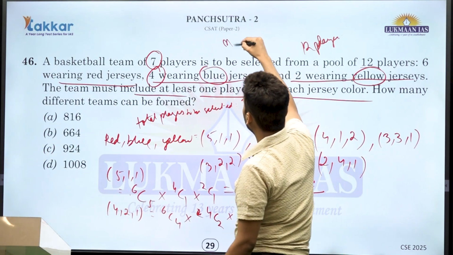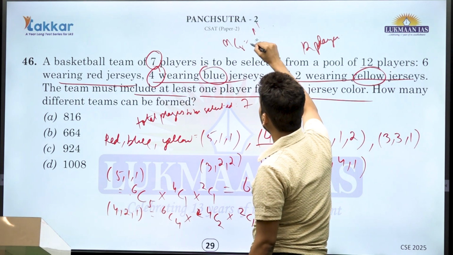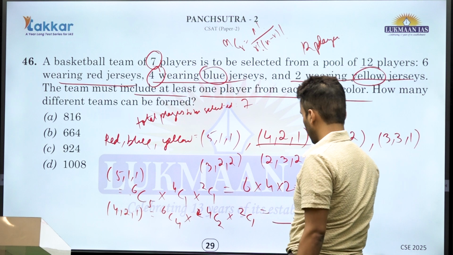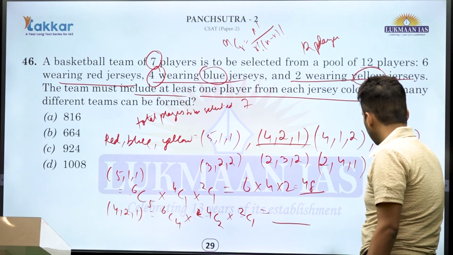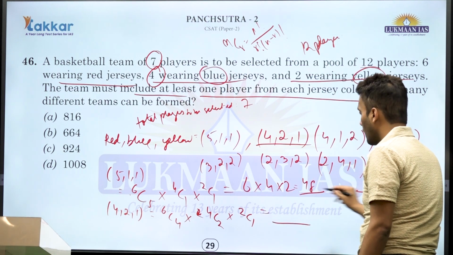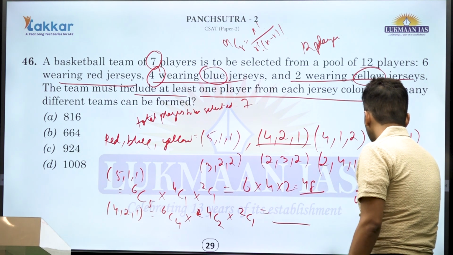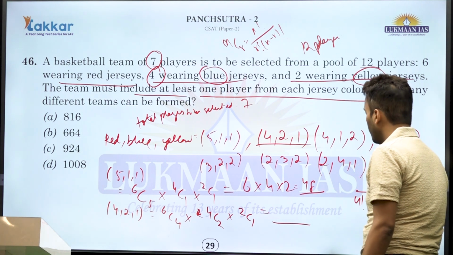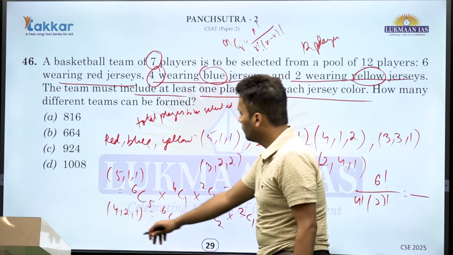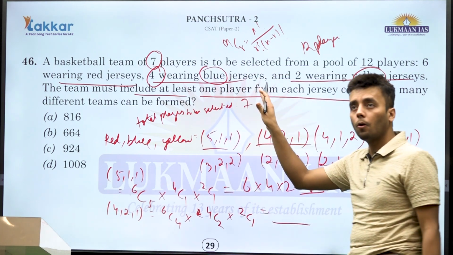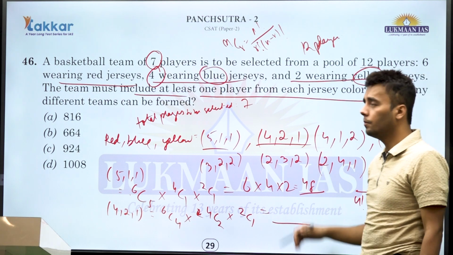By the way, the nCr formula is n factorial by r factorial into n minus r factorial. So 6C4 will be 6 factorial by 4 factorial into 2 factorial. Solve this, we will get some value. Similarly, if you put each combination in this form and add all those, we will get some value.